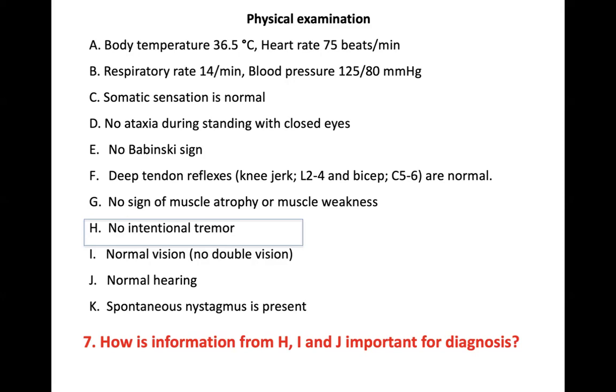And for the normal hearing, there's no disorder that affects both the auditory and the vestibular system in the patient. Since the patient's dizziness is triggered by head movement, but there is no hearing loss, that suggests a peripheral vestibular disorder, which affects the inner ear or the nerve that carries balance signals to your brain.